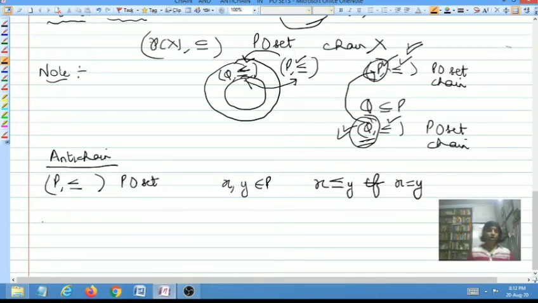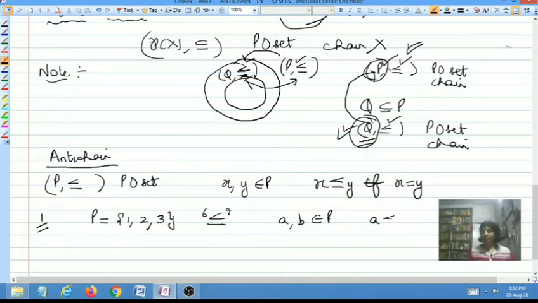Now for the examples, again I am going to take a set which is an anti-chain and a set which is not an anti-chain. In the first example, let me take my set P to be {1, 2, 3}, consisting of three elements, and let me define the relation ≤ on P as follows: for a and b belonging to P, a is related to b if a minus b is equal to 0, that is, a is equal to b.